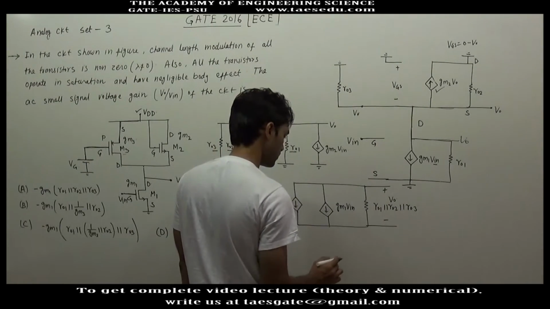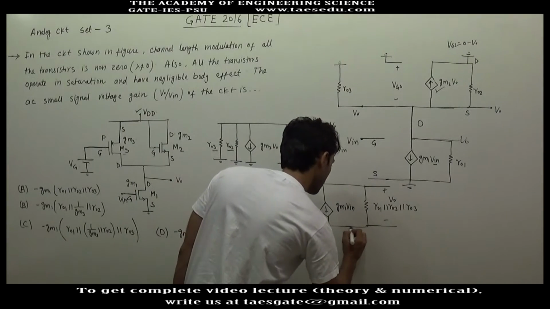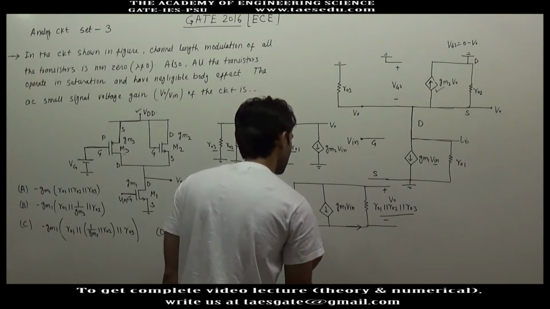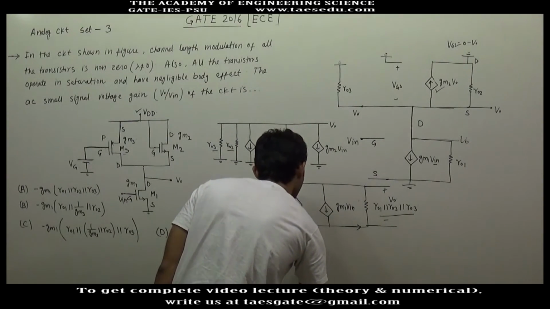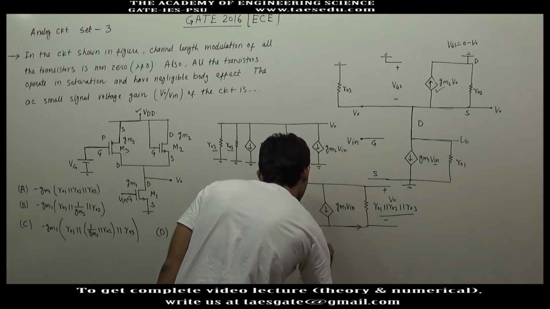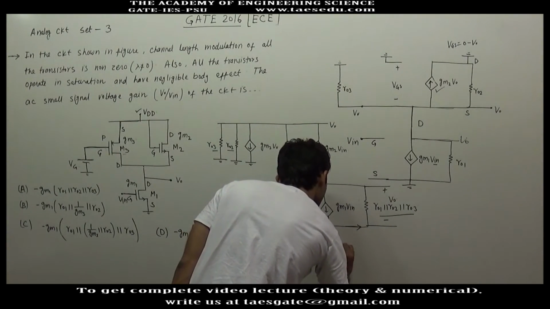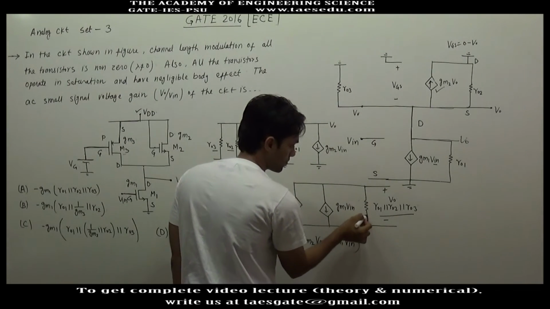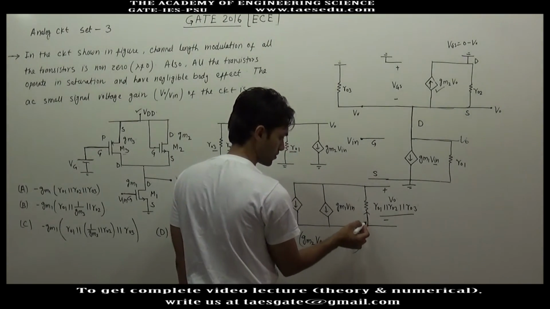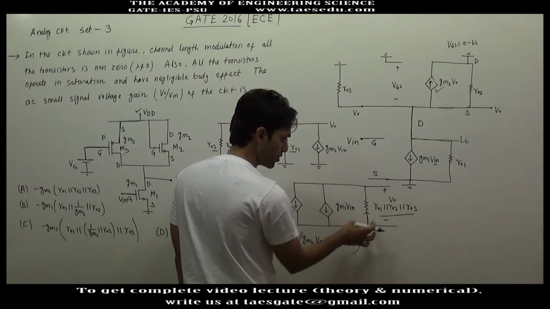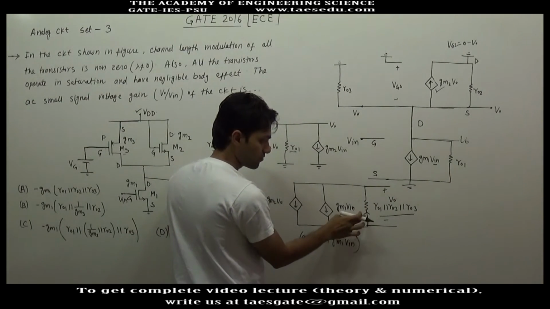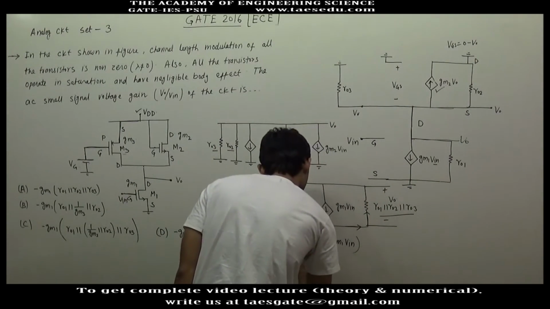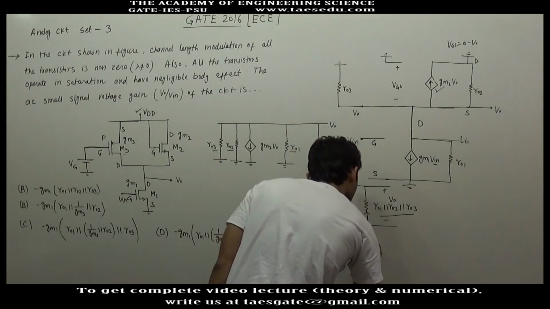So voltage V0 will be, the overall current through this equivalent resistance is GM2 into V0 plus GM1 into input voltage. Since current will flow in upward direction, the output voltage will be negative of this current into equivalent resistance.